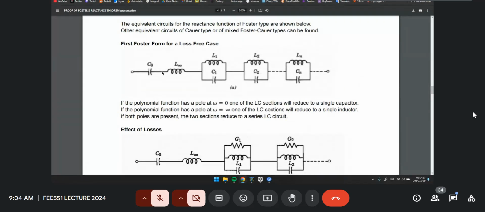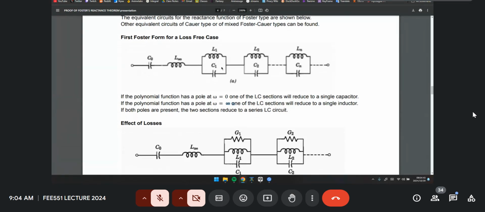For the first form in the loss-free case, if the polynomial function has a pole at W equal to 0, one of the LC sections will be reduced to a single capacitor, and if it has a pole at W equal to infinity, one of the LC sections will reduce to a single inductor. If both poles are present, it will reduce to an LC circuit. So we're talking about this single capacitor, single inductor, and this LC circuit.